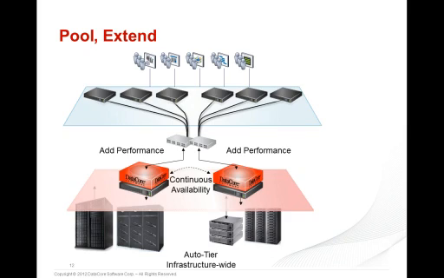As we write a block, it's written to the fastest available disk in that pool. We then check the frequency of the reads on that disk. And as the frequency drops, we'll move that block of data down to slower disk and slower disk still. Then when you look to read that block of data, we'll promote it back up to faster disk.